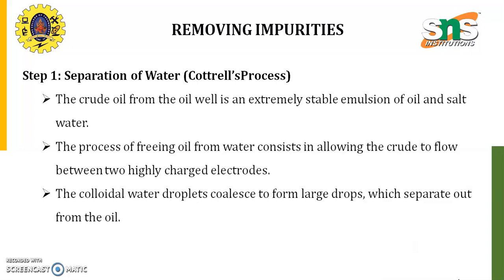In this process, the crude oil from the oil well is an extremely stable emulsion of oil and salt water. The process of freeing oil from water consists in allowing the crude to flow between two highly charged electrodes.